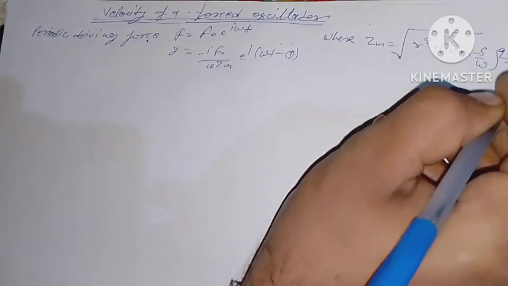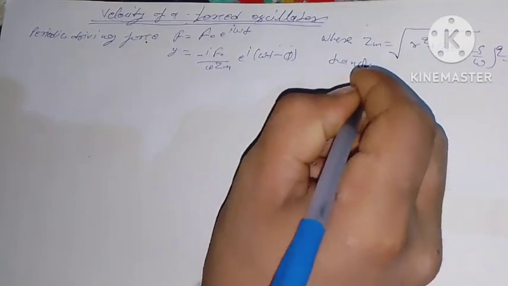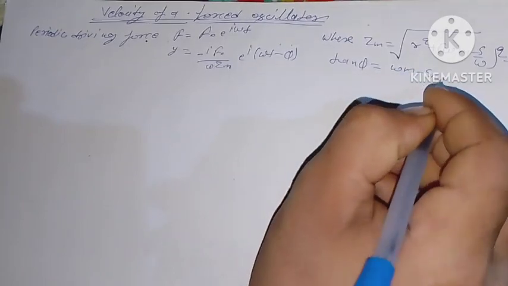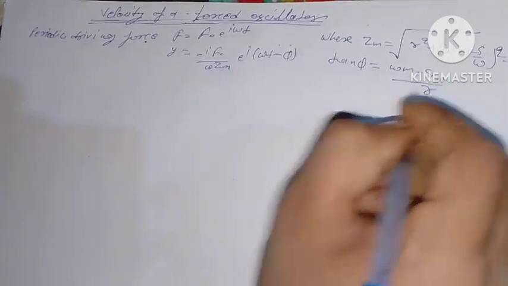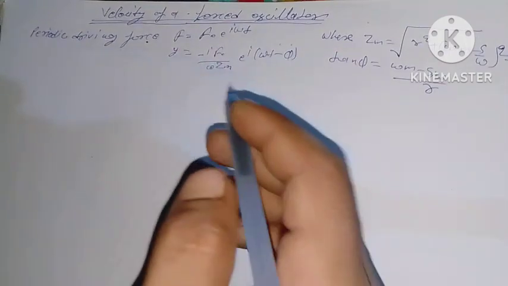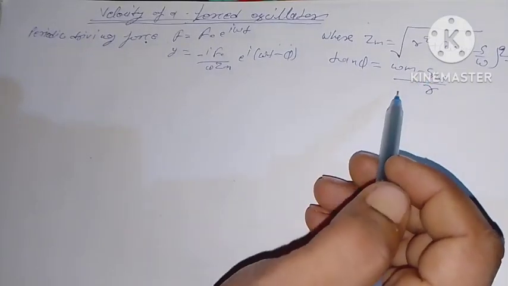That is equation number 1. And tan phi equal to omega m minus s by omega whole upon r, with r being the damping constant, m being the mass, and s the stiffness constant.